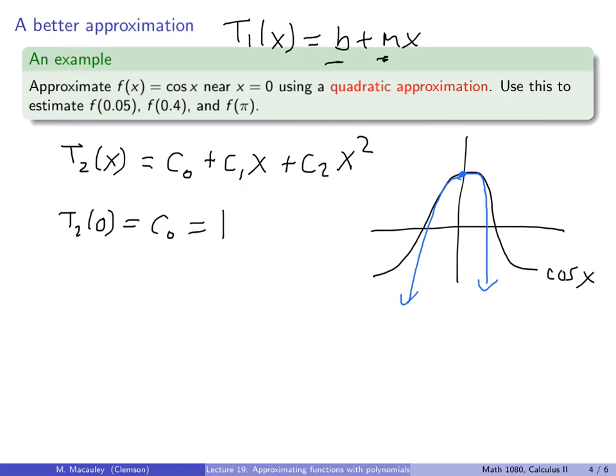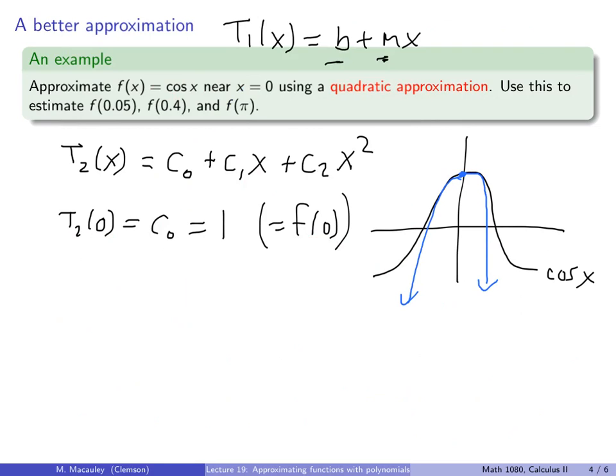So the y-intercept of this function, just like the y-intercept of cosine of x, so this is f of 0, where cosine is f of x. These things have to have the same y-intercept, so f of 0 has to equal t2 of 0.